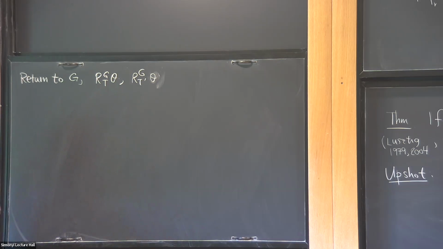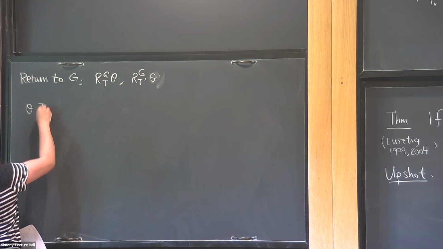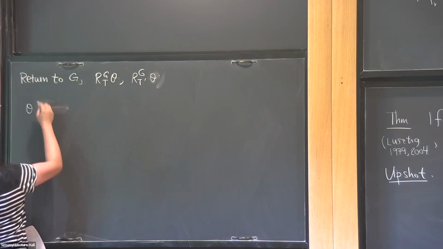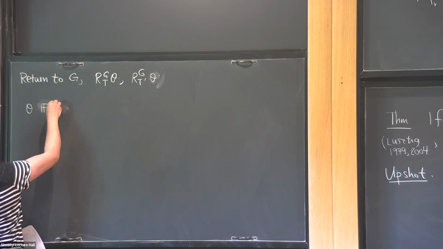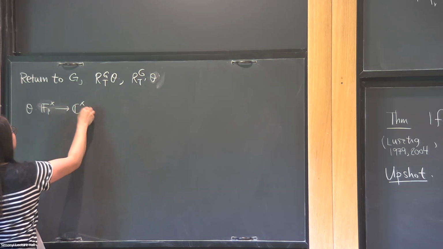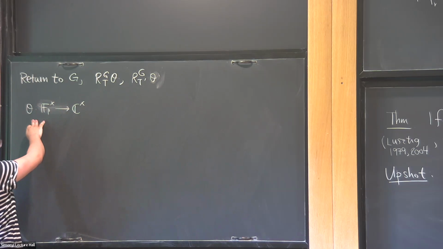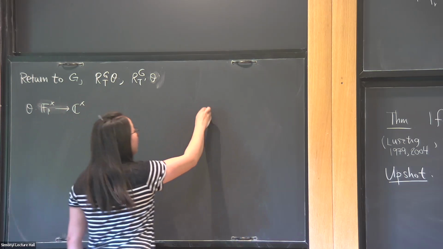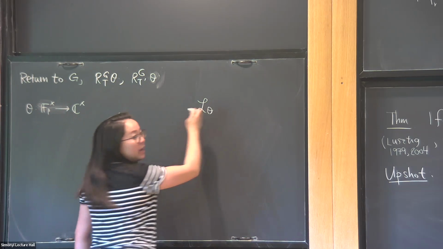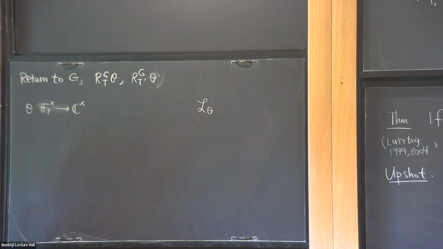What's the starting data? The starting data is a character theta on T, and this T is Fp star. Associated to this theta, one can write down a fancy L with theta as a subscript.